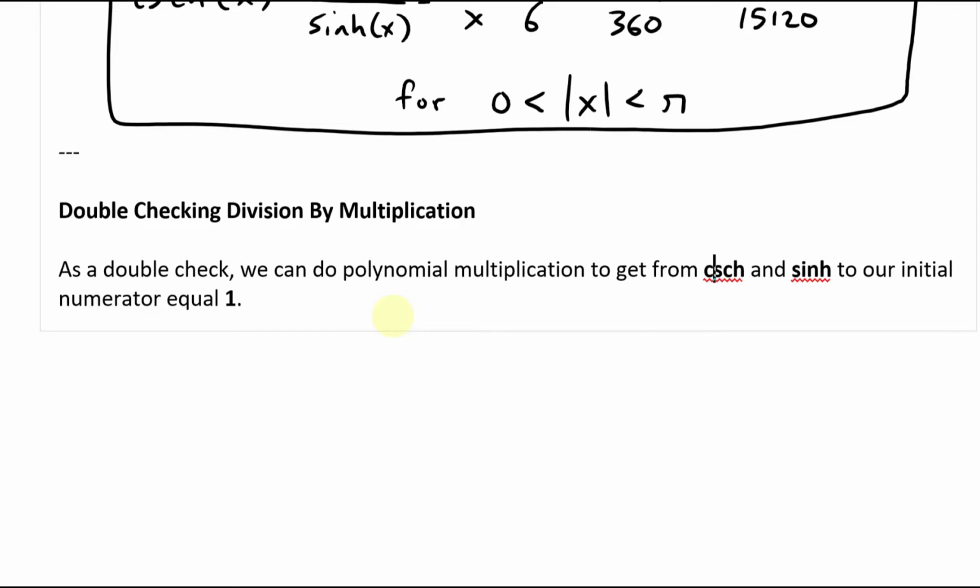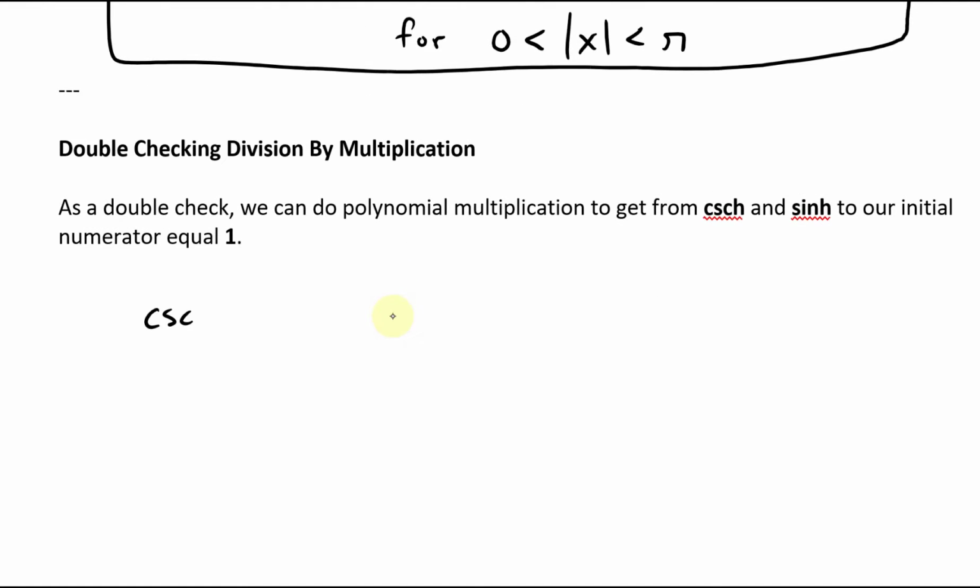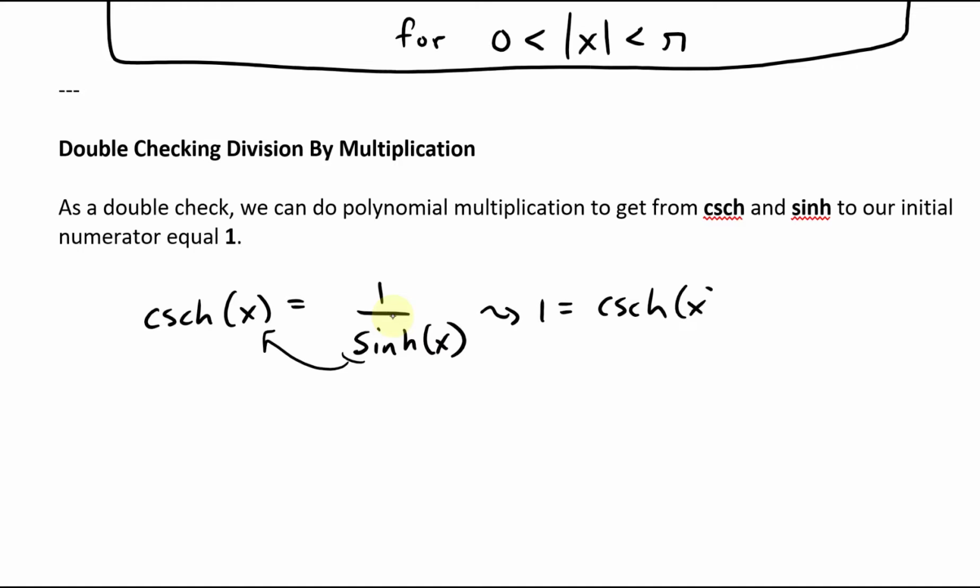In other words, we're going to have hyperbolic cosecant of x equal to 1 over hyperbolic sine of x. Now what we're going to do is multiply this out, so that we should have a 1 equaling hyperbolic cosecant of x times hyperbolic sine of x.